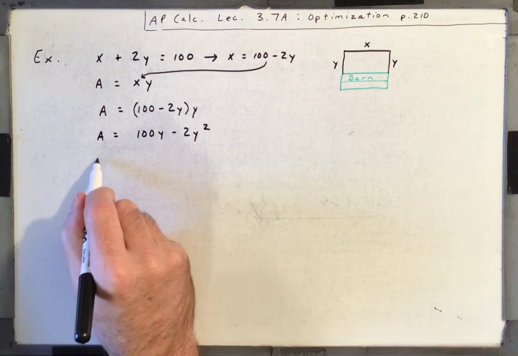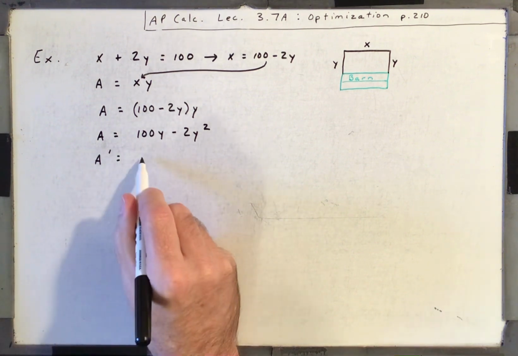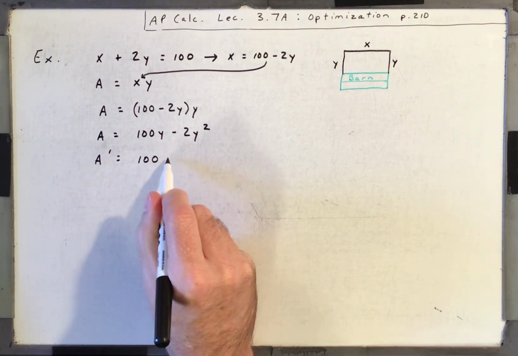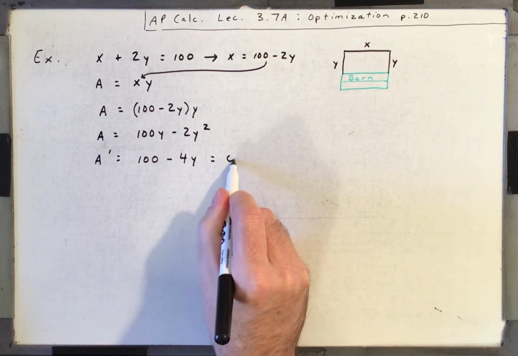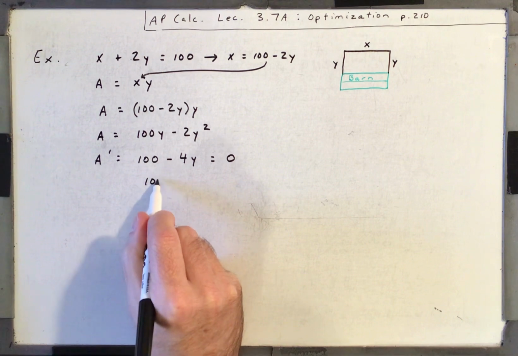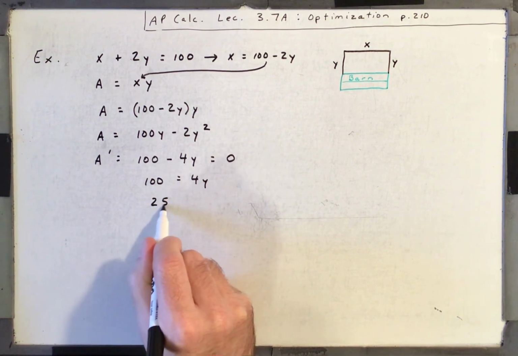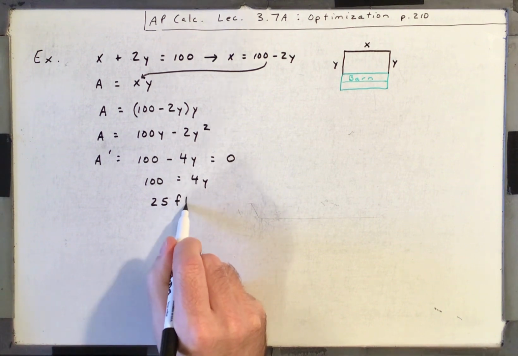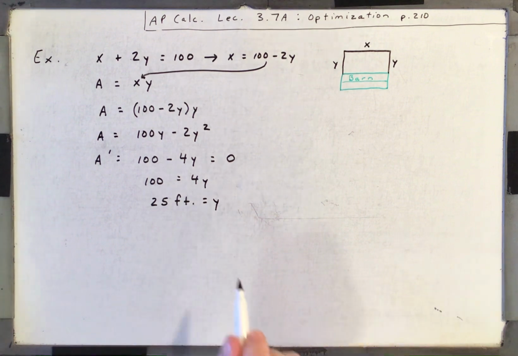So let's do the first derivative test. Area prime is going to be 100 minus 4y. And to find a maximum, we've got to set that equal to 0. So 100 equals 4y, 25, and that is feet, I believe. Yeah, feet, is equal to y.